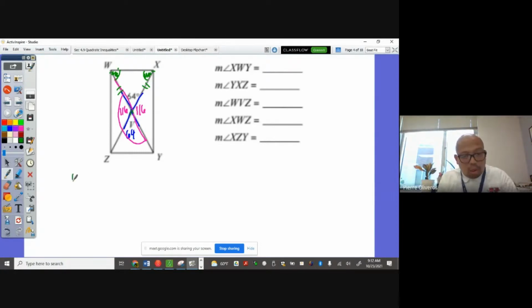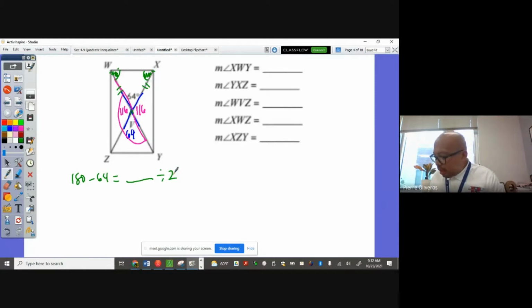So 180 minus 64. Whatever the answer there, I'm going to divide by 2 because angle VWX is congruent or equal to VXW. Okay? So 180 minus 64 is 116. You divide by 2, and the answer is 58 for each of them. So this will be 58, and that will be 58 also.